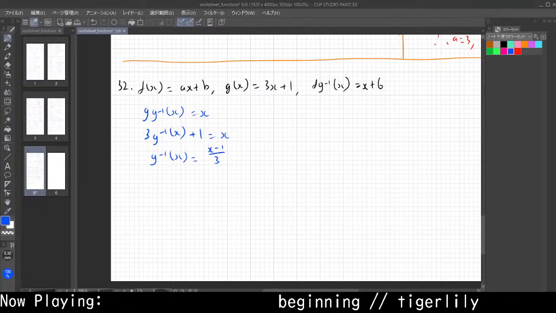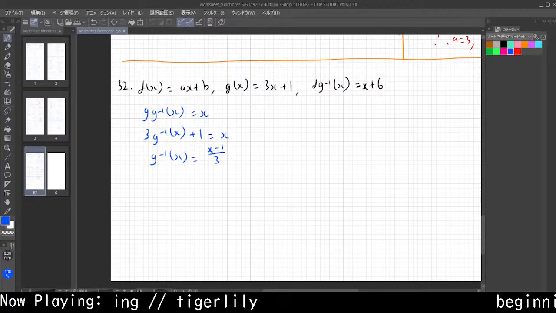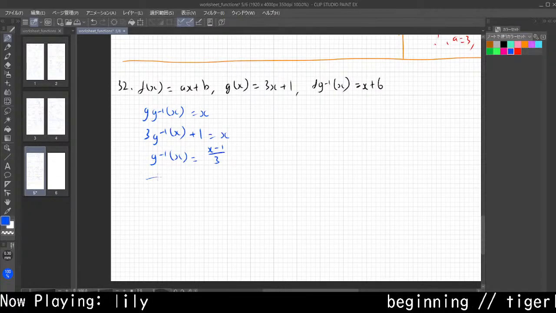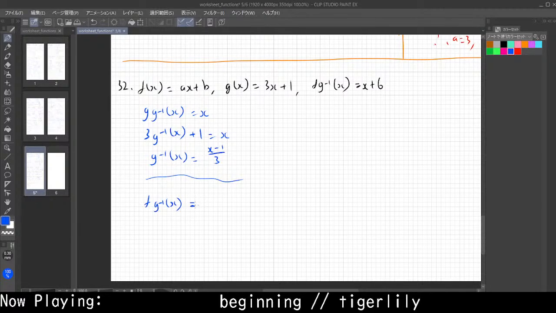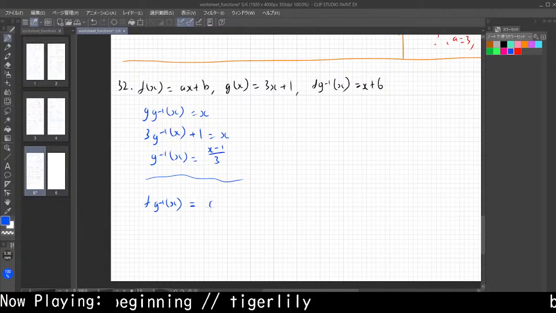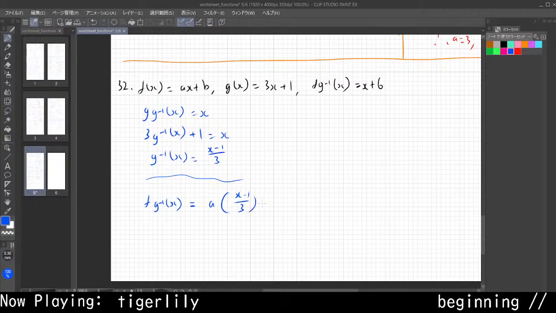Okay, continue. So g inverse x, got. Now you can find fg inverse directly. So fg inverse is g inverse in f. f is ax plus b, so a bracket x minus 1 over 3 plus b.